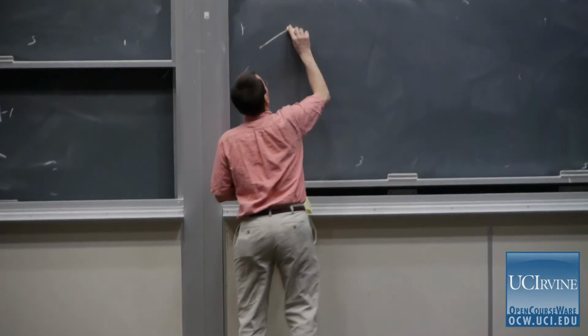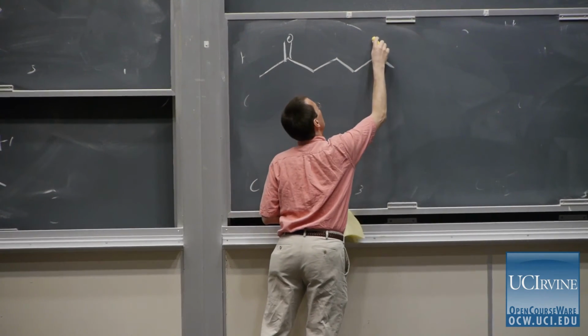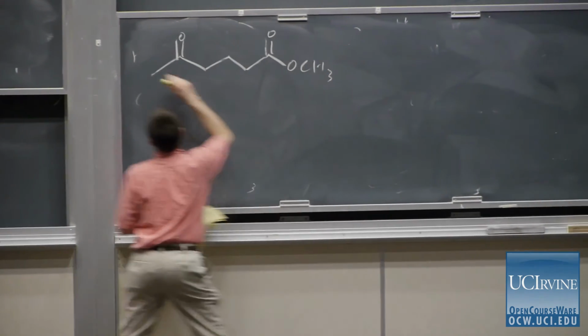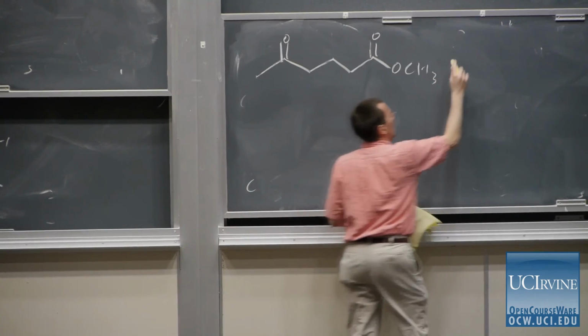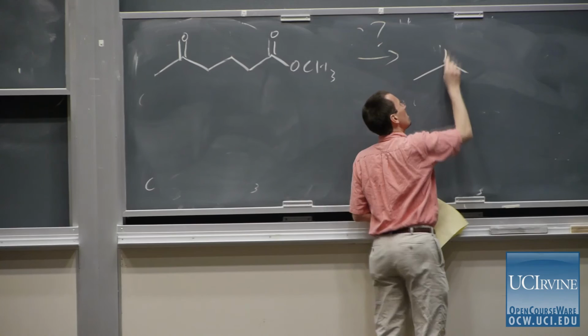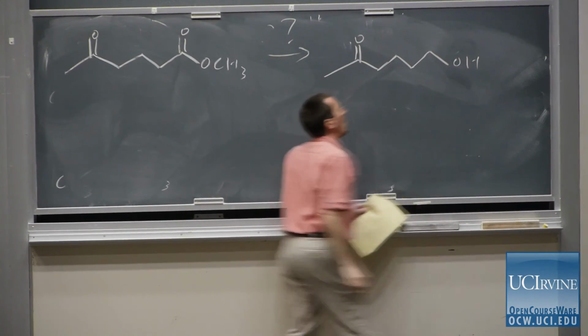So for example, and this comes straight from your textbook because I think it's a good relevant example. Your textbook poses the question, how could we selectively take this ketoester and reduce it to a ketoalcohol?